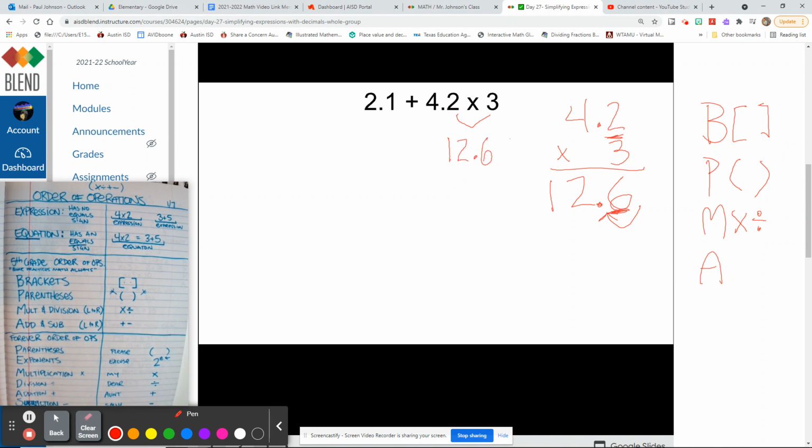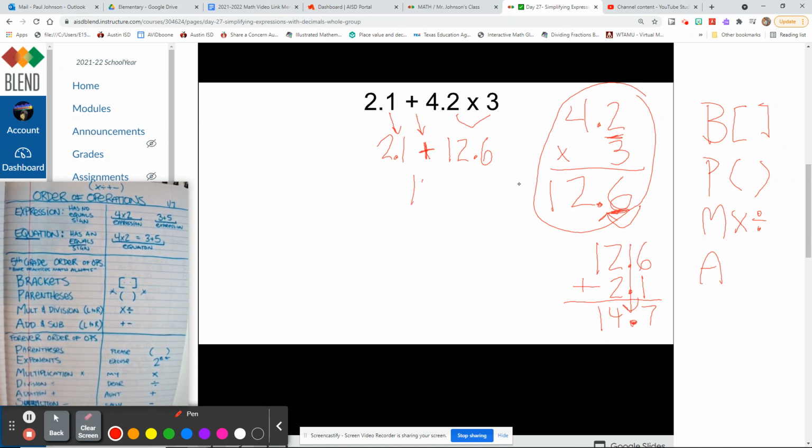So this is what's new. We did expressions before, but we never used decimals before because we wouldn't have been able to do this a couple weeks ago. But now we can. So we're going to copy down what we didn't use. We did not use the plus sign, and we did not use 2 and 1/10. So that leaves us with 2 and 1/10 plus 12 and 6/10. Once again, I can pull this to the side and do the math just so I don't mess it up by trying to do it mentally. 6 plus 1 is 7, 2 plus 2 is 4, 1 plus nothing is 1, and I drop that decimal point like it's hot.